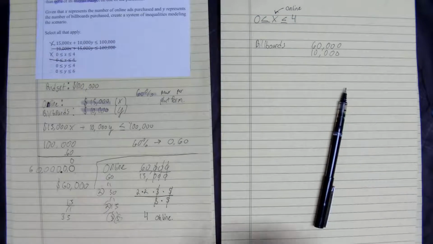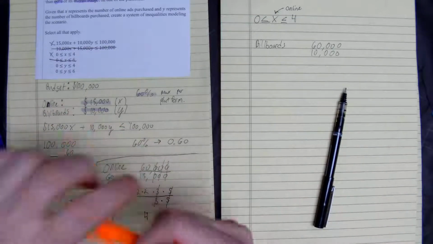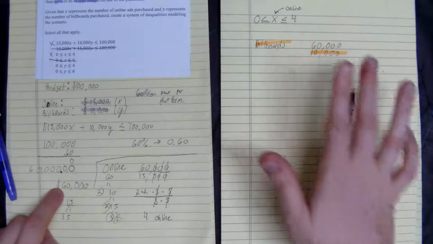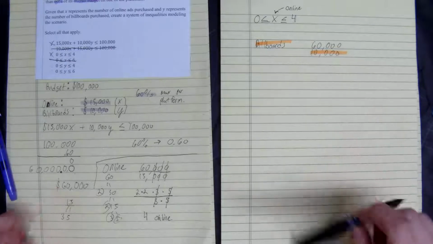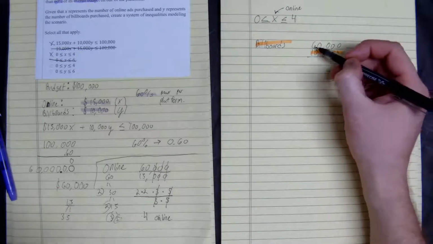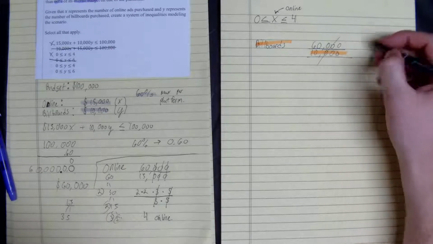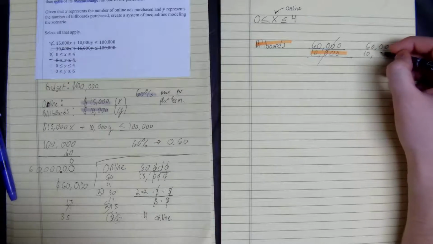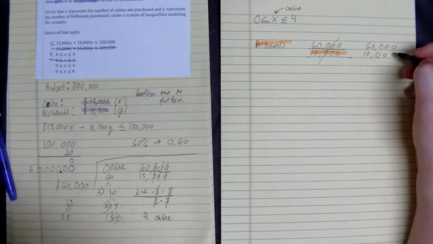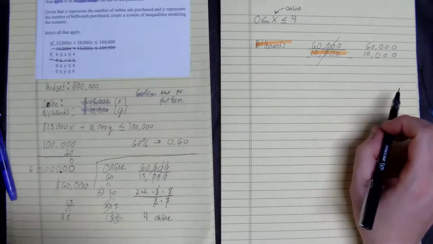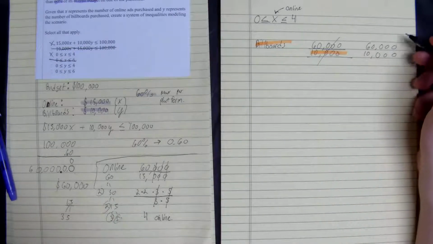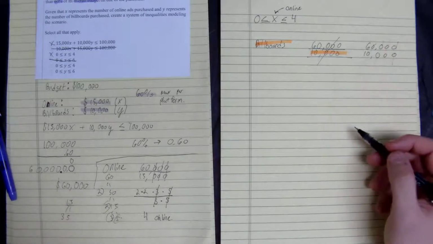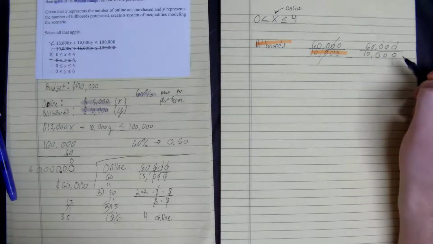This represents the billboard, and the 60,000 represents the 60,000 from the 60%. We can do the cool 10 trick. Since they have nothing but zeros, we can cross out the zeros in a row, because that's how our number system works. All we're left with is 6 over 1.